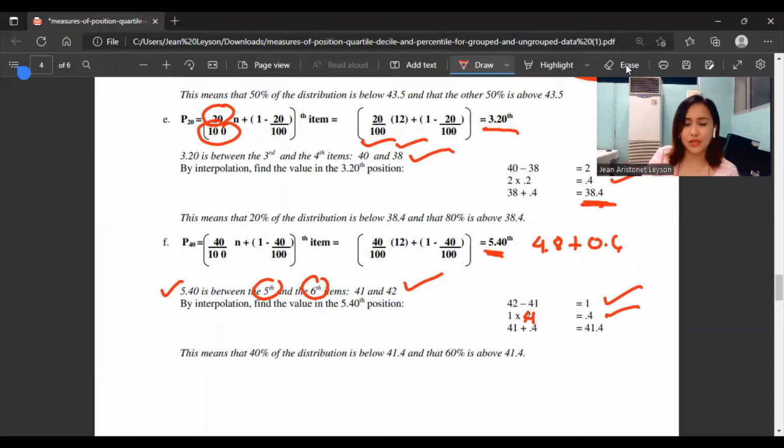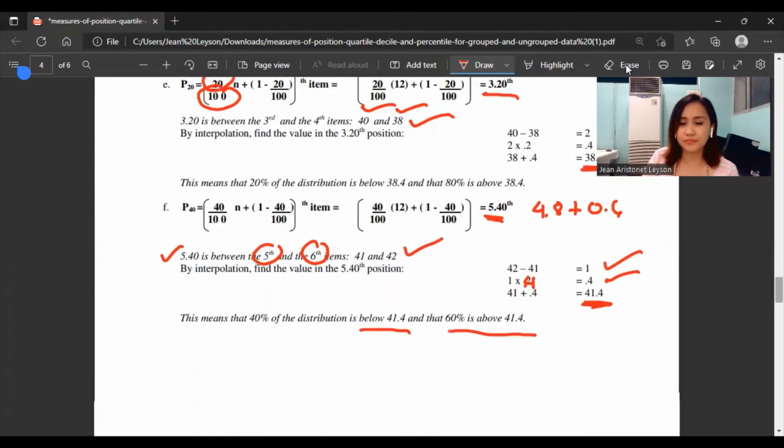Then add to the lesser number, it's 41.4. So that means this is the 40th percentile position, 41.4. Meaning 40% of the distribution is below 41.4, 60% is above 41.4. So that's measures of position for ungrouped data.